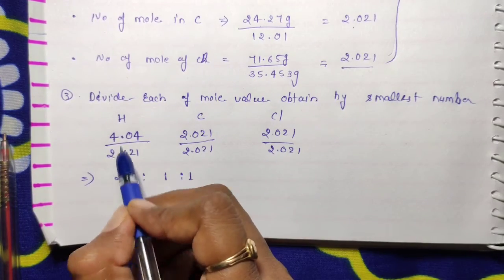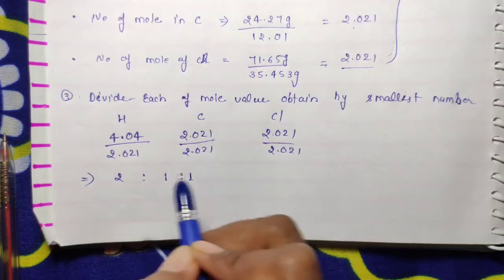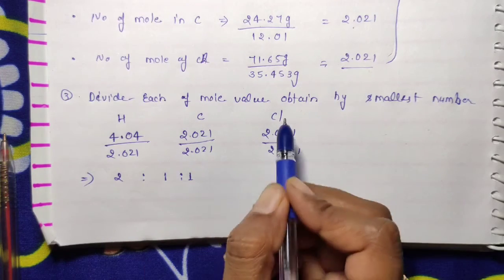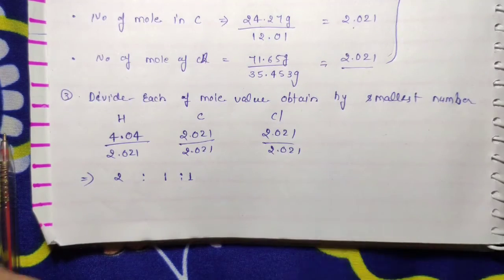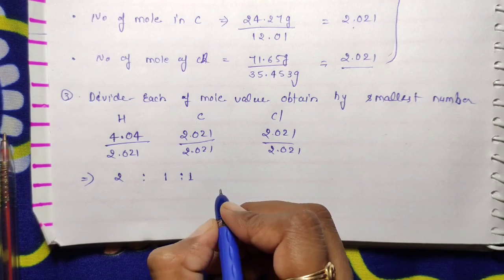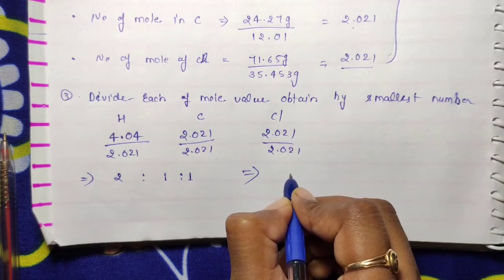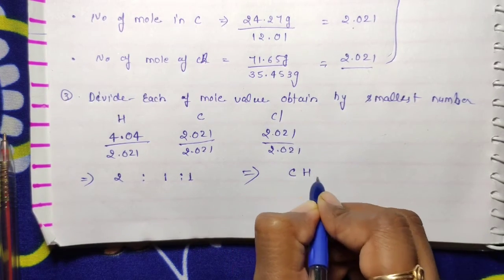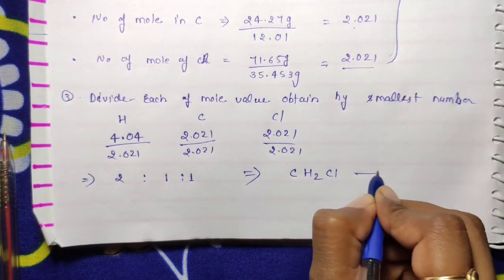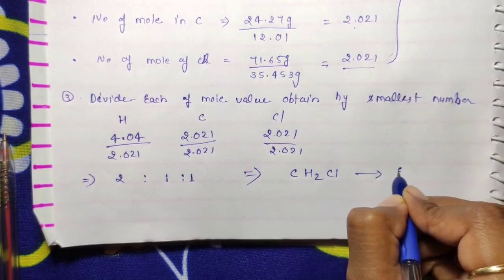It means in the compound hydrogen is present 2, carbon present 1, chlorine present 1. Okay, it is in this ratio. So the compound will be CH2Cl. It is the empirical formula.